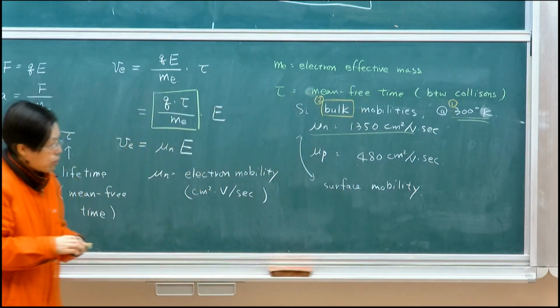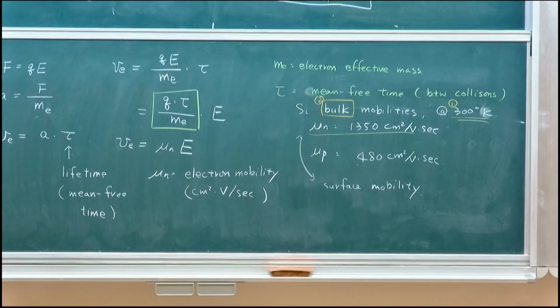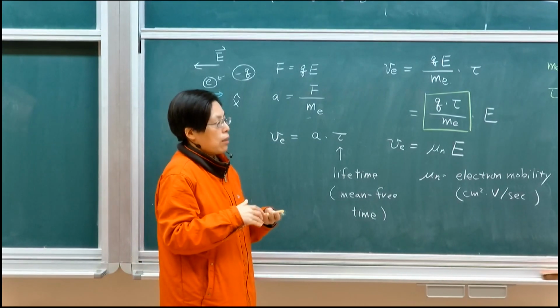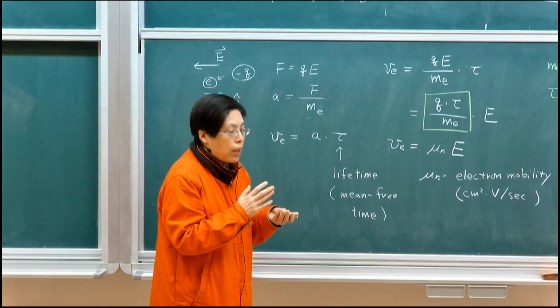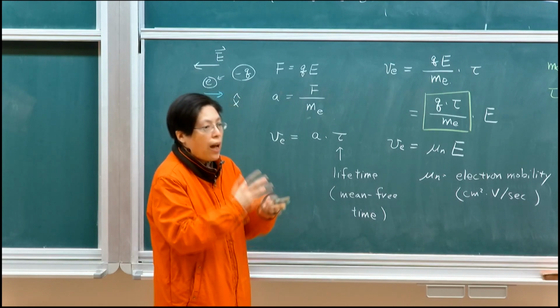What we mean by surface mobility is that if your carriers are moving along the surface, it's a different story. You'll be colliding with the surface a lot, so then you'll be moving at a much lower speed. So typically, bulk mobility is the highest of all.